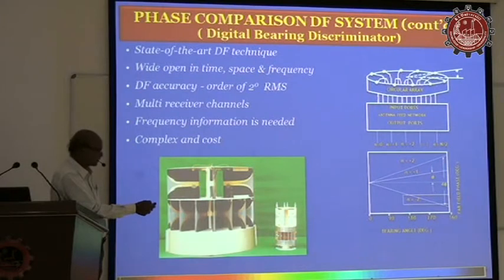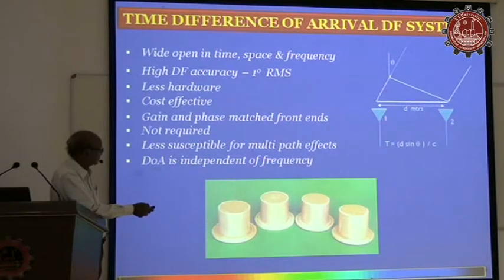This is a circular DF array. Using a single circular array we can cover 360 degrees. This is also implemented. This is a TDOA technique, time difference of arrival. Again, measuring the time difference of the signal received between 1 and 2, knowing the distance and the velocity of light, you can find out theta.